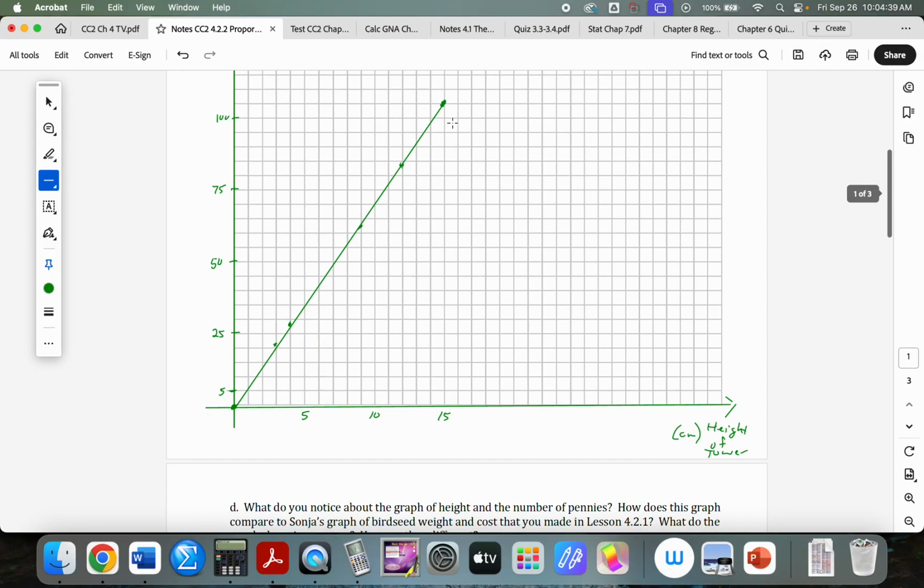Was that given? Oh yeah, 1.7. So I'm ever so slightly off here. That's pretty close. And even though we kind of had to estimate, I'm pretty convinced that's a line.